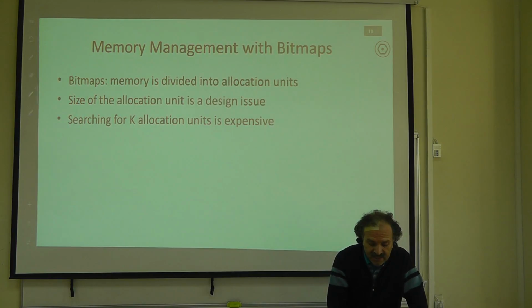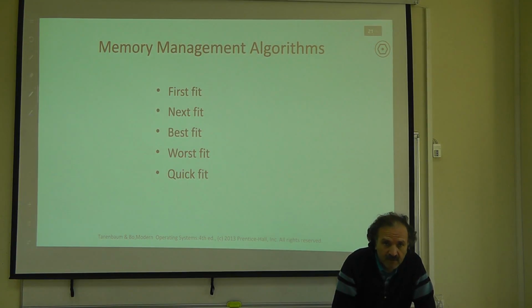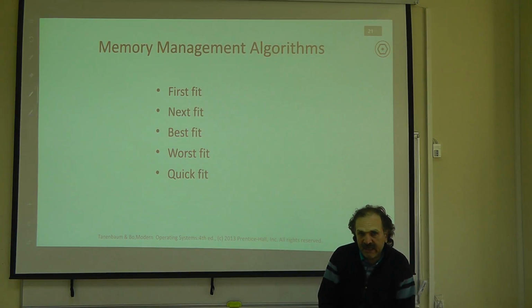So as I said, both have positives and negatives. When we need new memory, if I am loading a new process to the memory, I need to find some place for my process in the memory.